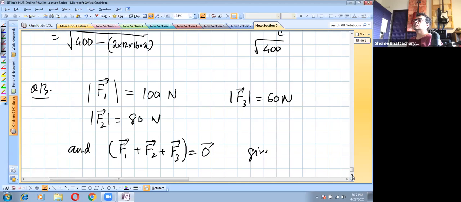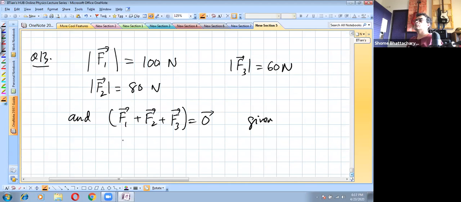So from this, we have to find the angle, okay, between, in the question it is given F2 and F3, but change it to F1 and F2. So this is the correction. I mean, there's nothing wrong with finding between F2 and F3, it could have been that also, but your answer will not match. So this is the correction.